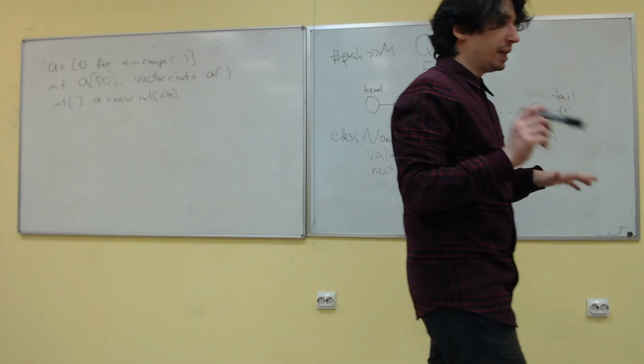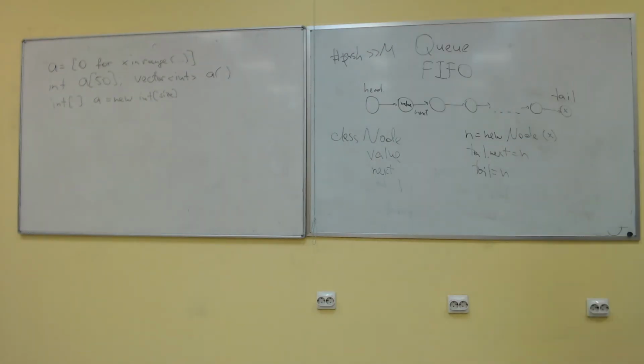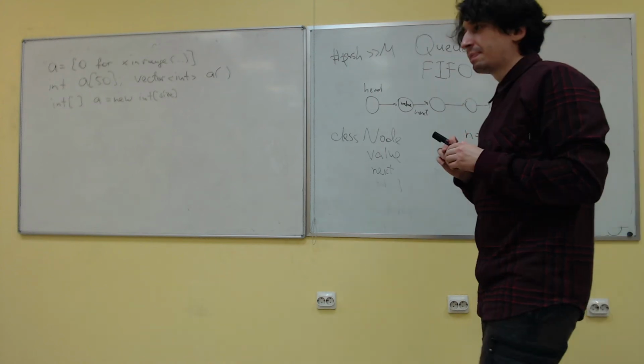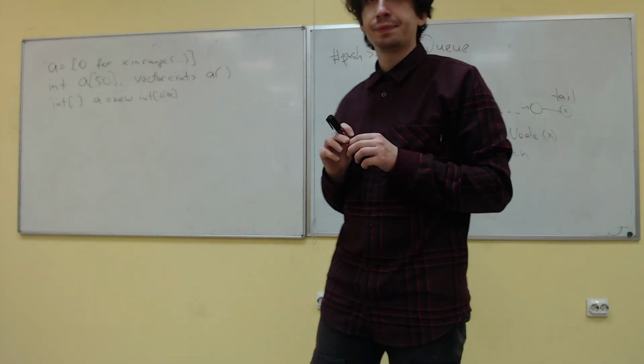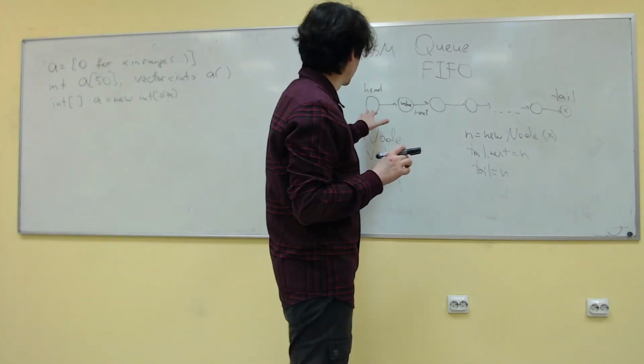It's indeed a little bit too complicated the way I talked about it right now, because it's better to use a dummy node so that the head is always empty.